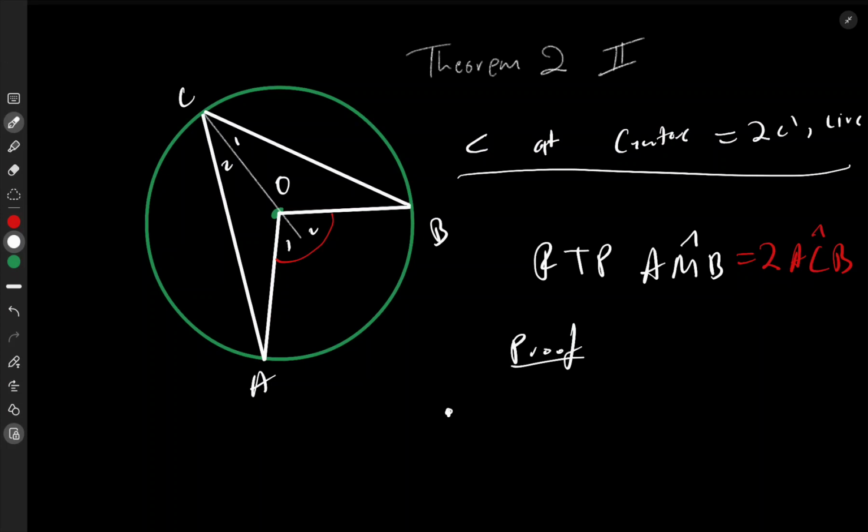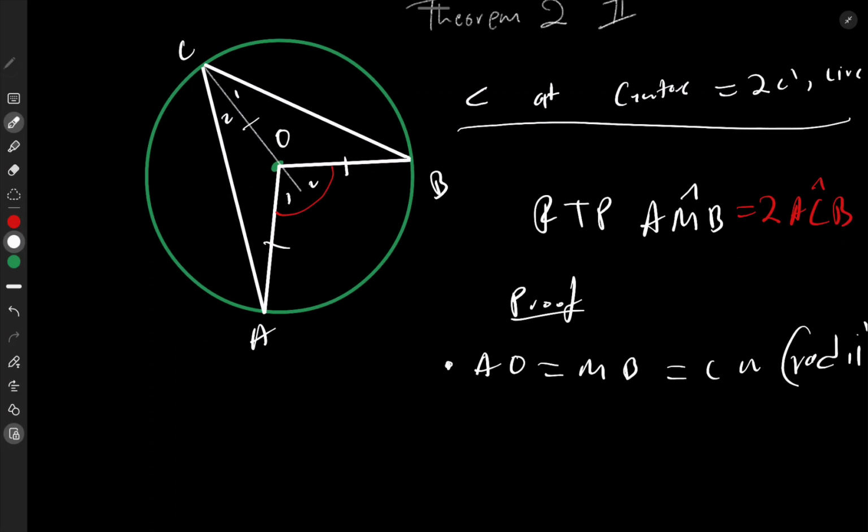What I see here is AO is equal to MB, and this is equal to this, and it's also equal to CM, and these are all radii. That's why I'm saying they're equal. I'm just saying everything that I know. Hopefully what I know can lead you to what you want to say.